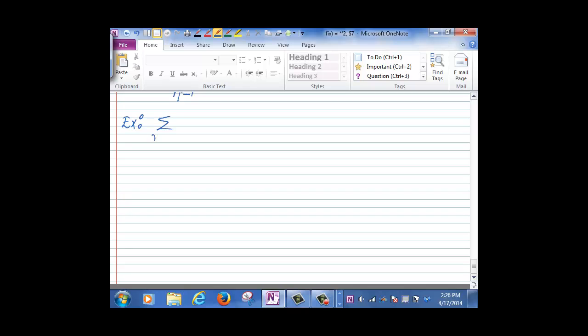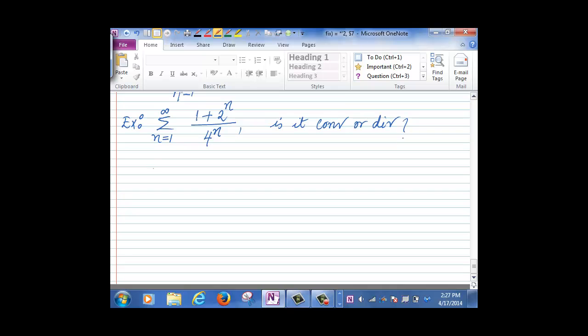So n is 1 to infinity, 1 plus 2 to the n over 4 to the n. Is it convergent or divergent? If it is convergent, find the sum.